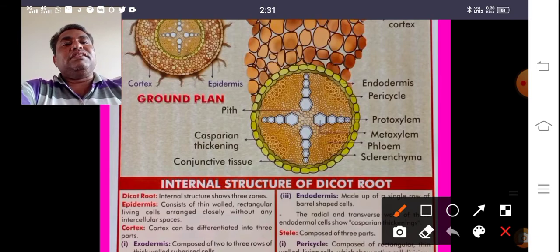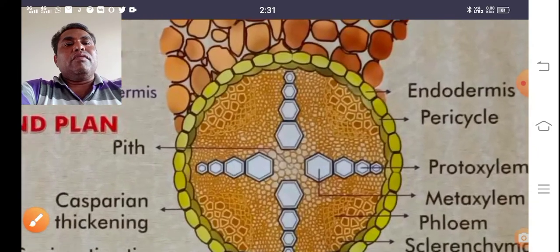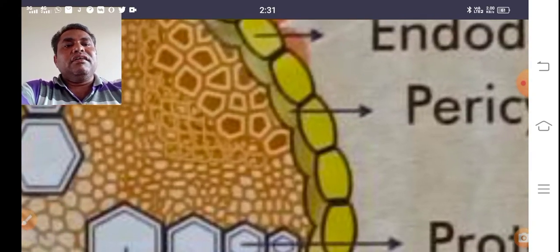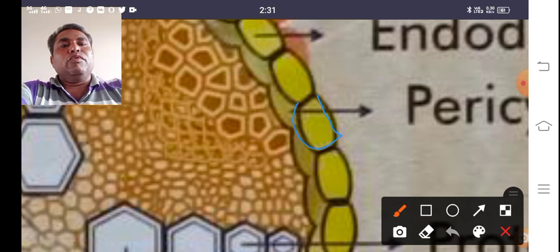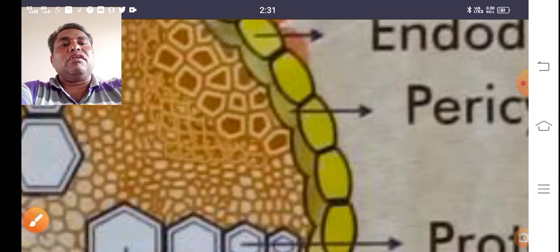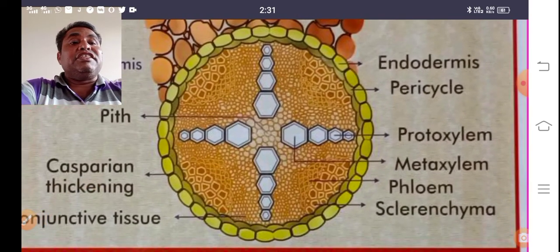The cells are barrel shaped. Barrel shaped means, like this, both sides are swollen. The lateral side will be swollen, and this is the wall. Because of the swelling on the lateral side, they look like a barrel. Hence these cells are called barrel shaped cells.